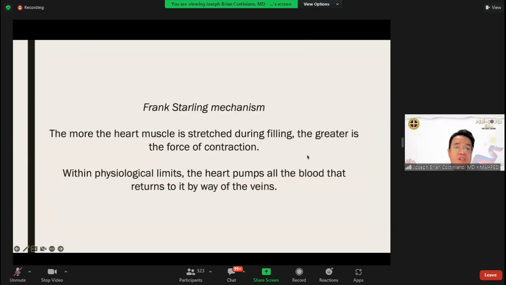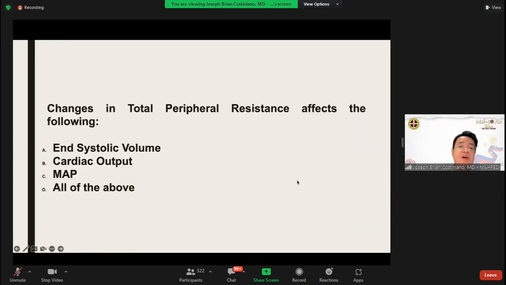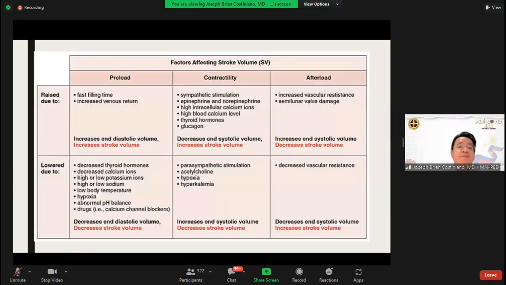Your mean arterial pressure mo naman is cardiac output multiplied by your total peripheral resistance. Okay? MAP is cardiac output times total peripheral resistance or your systemic vascular resistance. That's why it's very important, no, itong vasodilation and vasoconstriction. It really affects everything. So all of the above po ang sagot natin dito. Okay? All of the above.